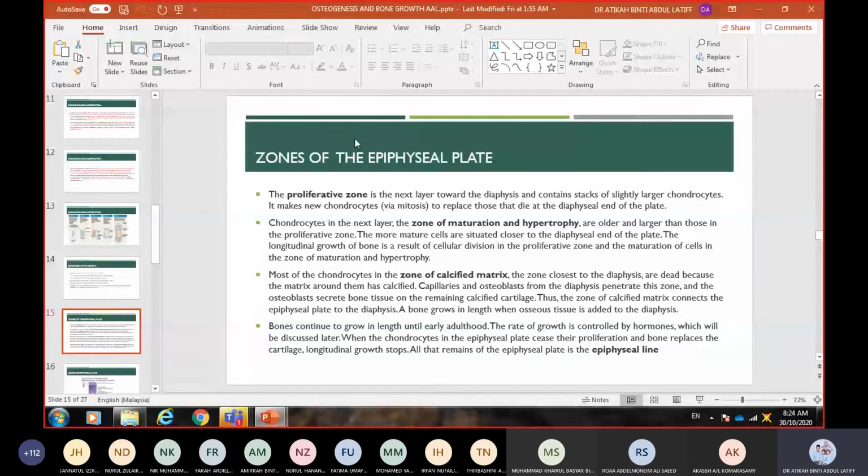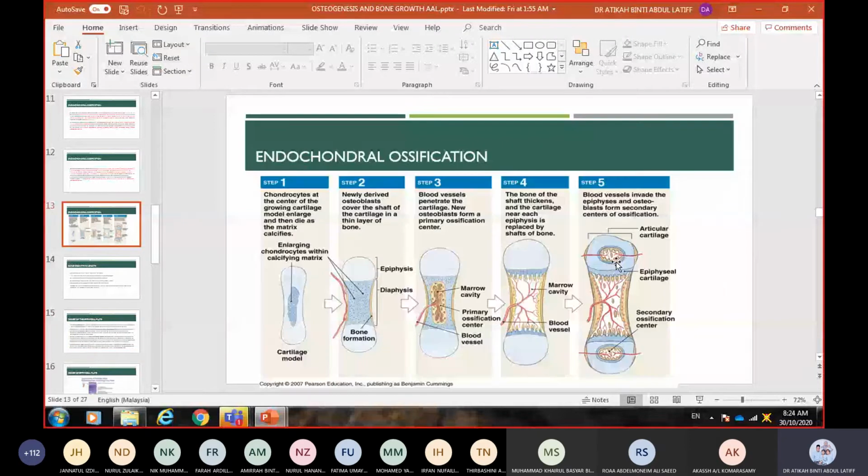First is the proliferative zone. Okay, this is the next layer towards the diaphysis and contains stacks of slightly larger chondrocytes. It makes new chondrocytes via mitosis to replace those that die at the diaphyseal end of the plate. So if you imagine this is the diaphyseal end, the uppermost here would be your proliferation zone.